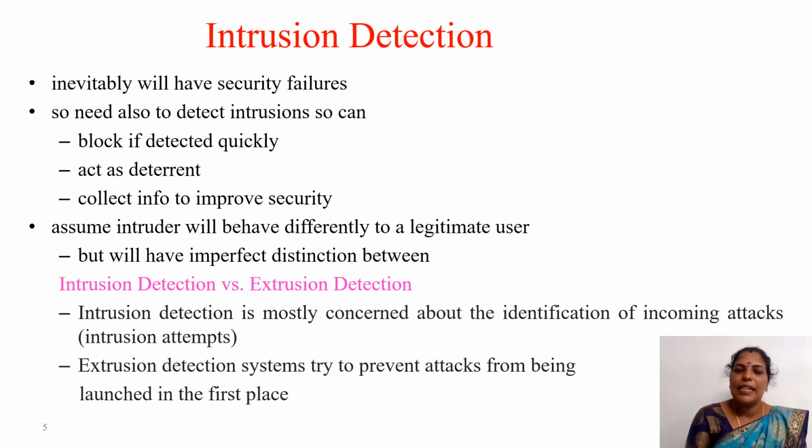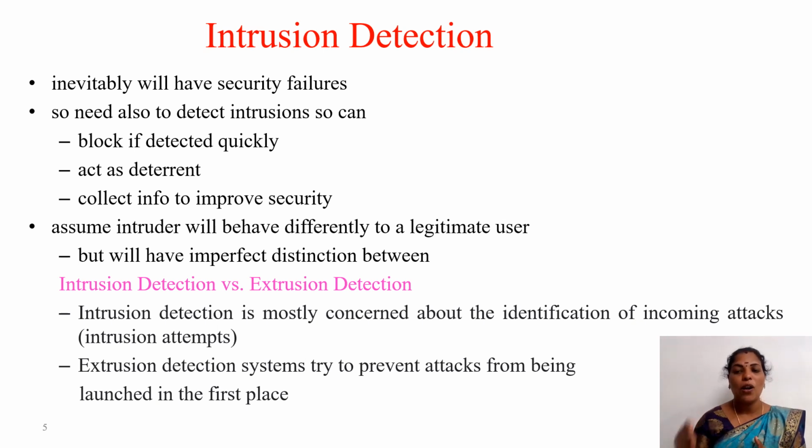So intrusion detection: there will inevitably be security failures. It is not that we allow everyone to get inside the system and access everything. We have a firewall and many security measures.